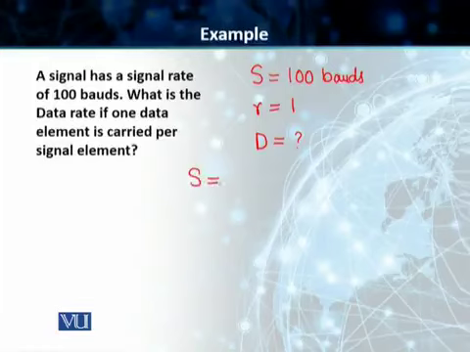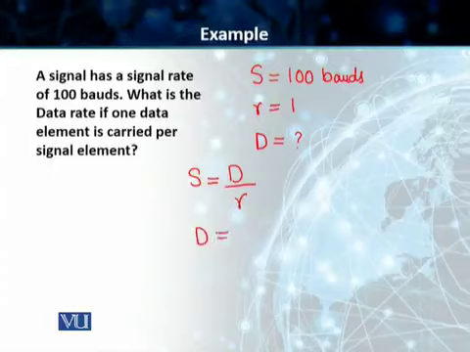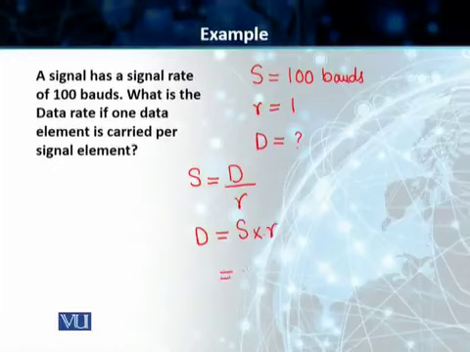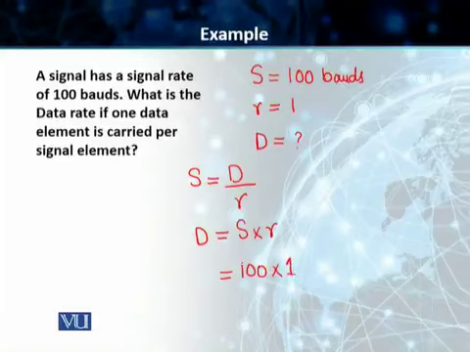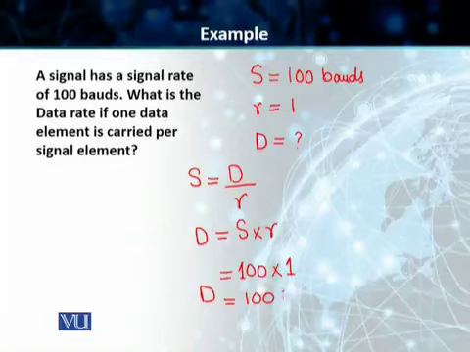We know that our signal rate is equal to the data rate divided by the ratio R. Our data rate is going to be our signal rate multiplied by the ratio R, and in this case it is 100 multiplied by the ratio which is 1, which gives us the data rate for this particular transmission medium to be 100 bits per second.